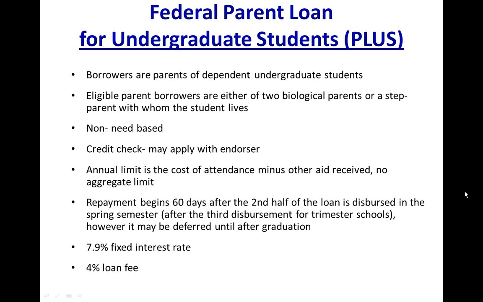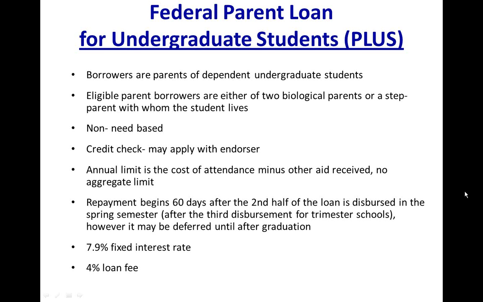The federal parent loan for undergraduate students, or for borrowers being parents of dependent undergraduate students, eligible parent borrowers are either of the two biological parents of the student or a step-parent with whom the student lives if the parent is remarried. This is a non-need-based loan, but again, the FAFSA is still required to be filed.